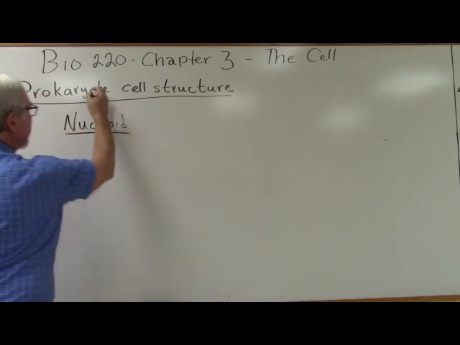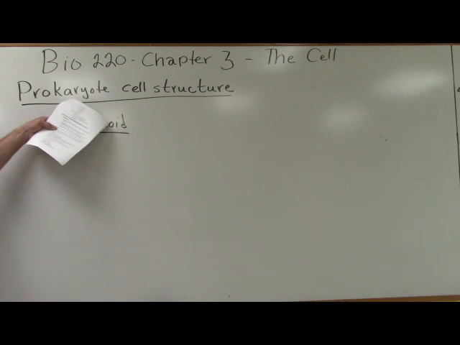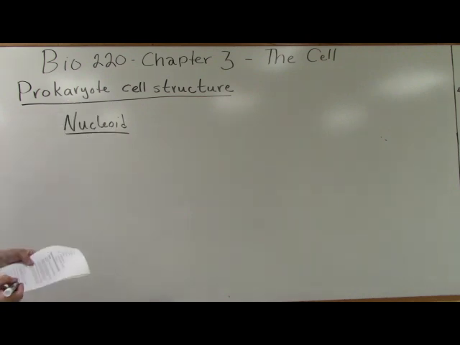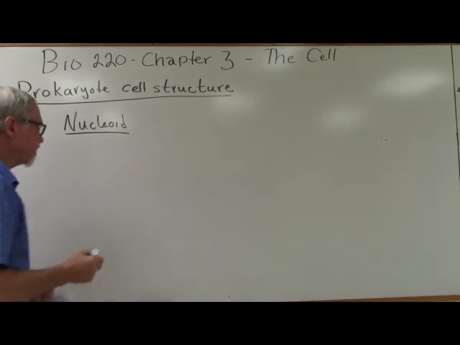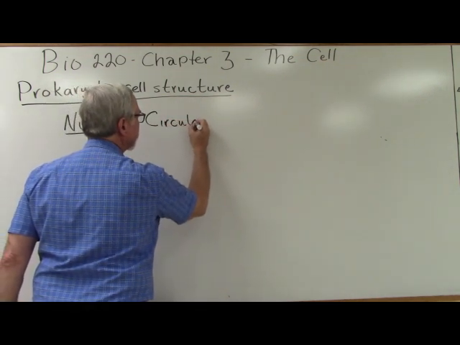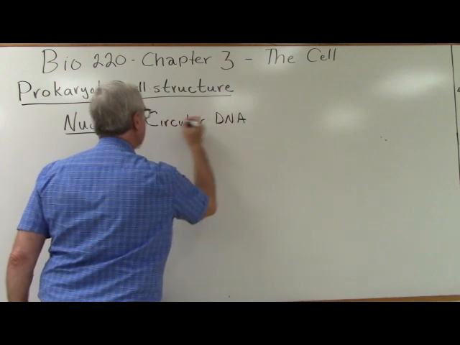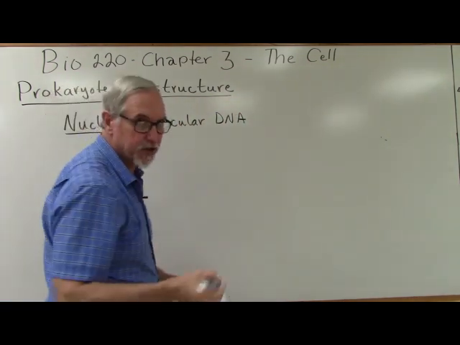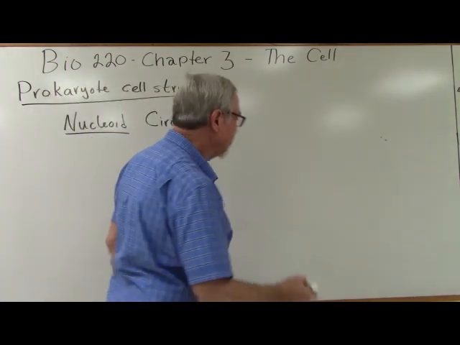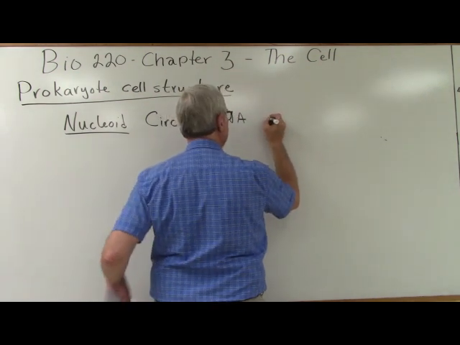Now remember that prokaryotes lack the karyo, which is a nucleus, so this is a circular strand of DNA. This is analogous to a chromosome, which is a linear form of DNA in eukaryotes.